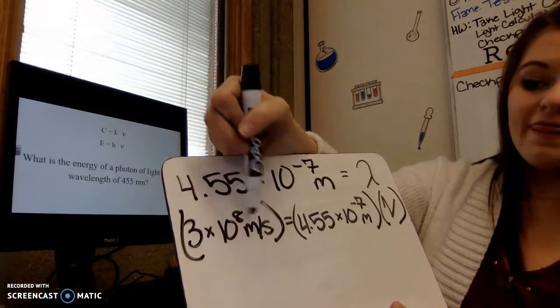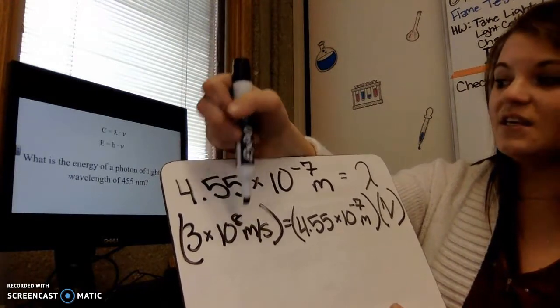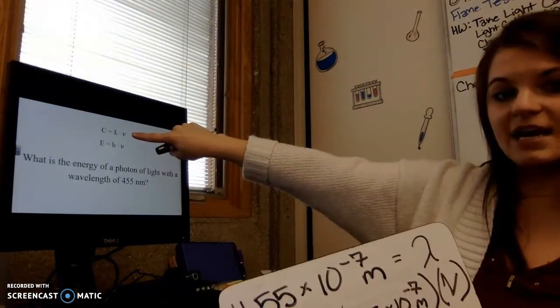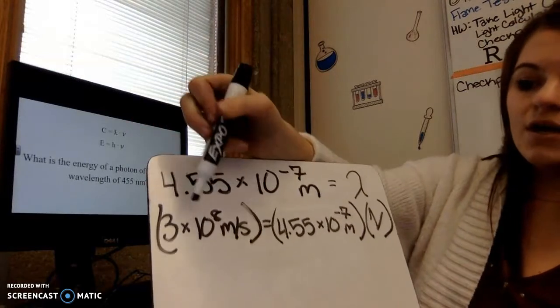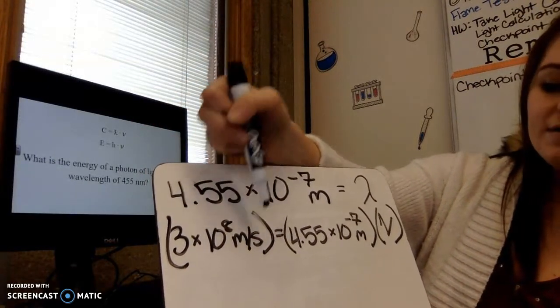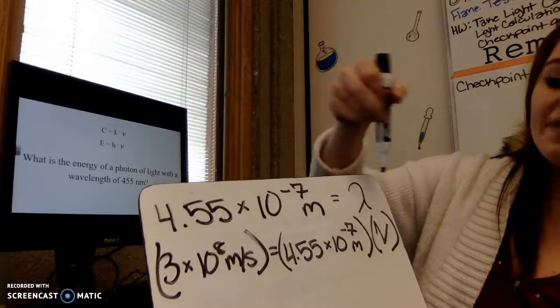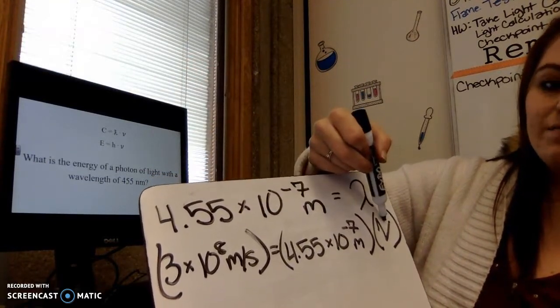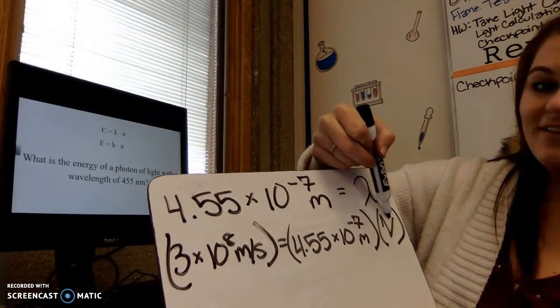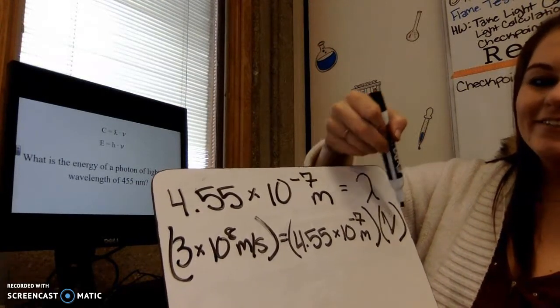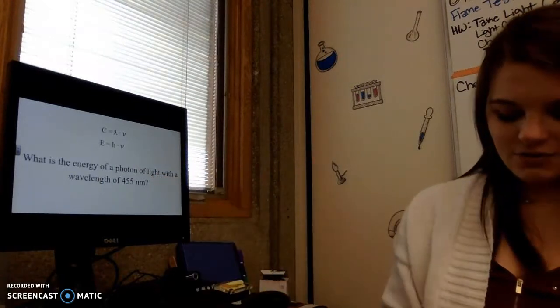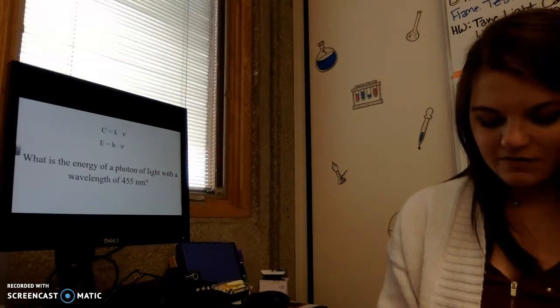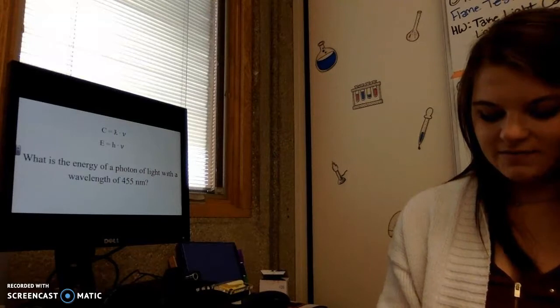This is a constant. We're using the equation c equals lambda times nu. So I have my constant equals the wavelength that I just converted times nu. Okay, so solve for nu. And you should get for the frequency 6.59 times 10 to the 14th hertz.